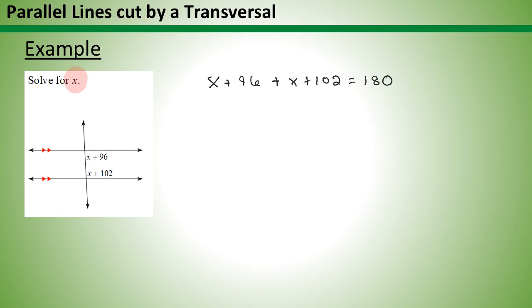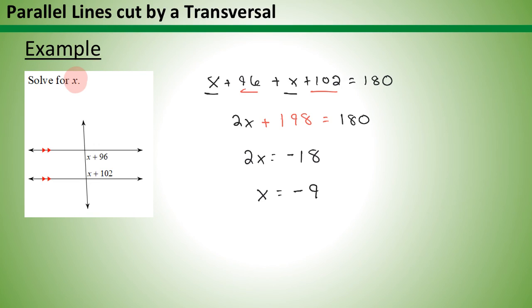Okay, so combine your like terms, x plus x, that's 2x. 96 plus 102, that's going to be plus 198. Okay, and there's still 180 on this side. We're going to subtract 198 from both sides and get 2x is equal to negative 18. Divide by 2, we get x is negative 9.